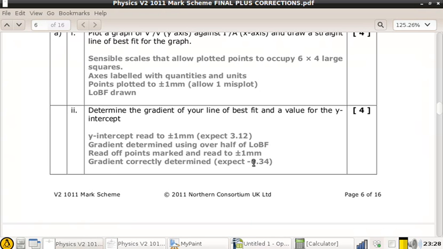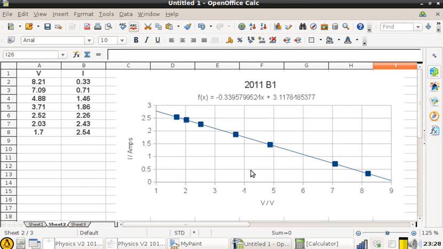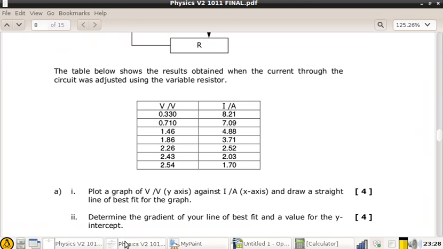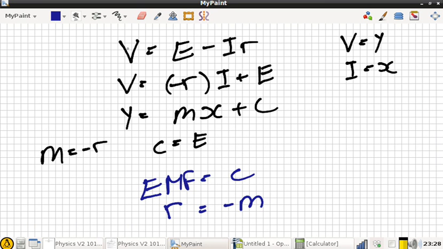So this is actually wrong because this information comes from this graph, and this graph is wrong for 2 reasons. The first, in the question they said put the voltage on the Y and put the current on the X. And then the second reason is that our formula V equals E minus I r, you can see that it's practically in the form Y equals MX plus C from the beginning.